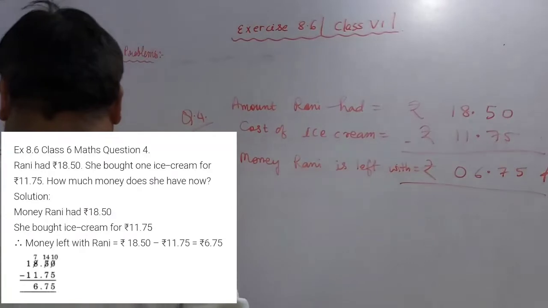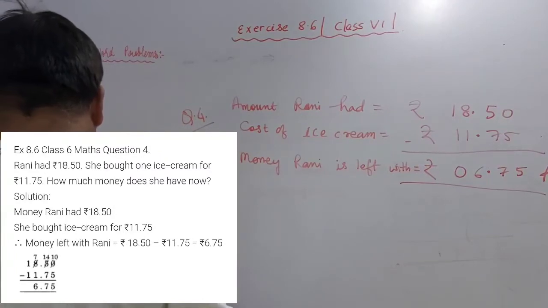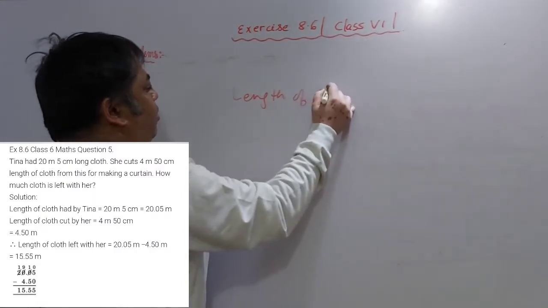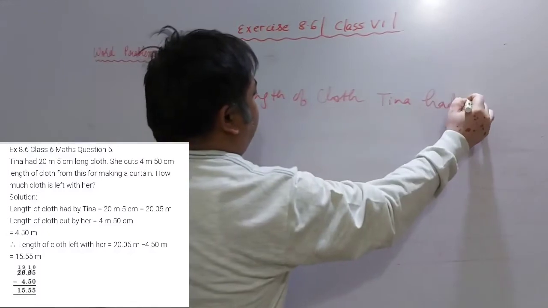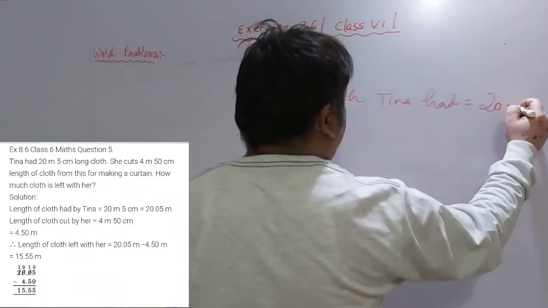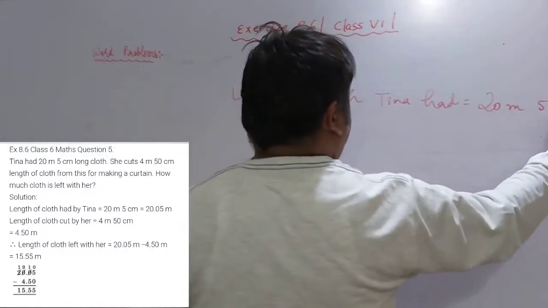Now we'll do question number 5. Length of cloth Tina had is equal to 20 meter and 5 centimeter.